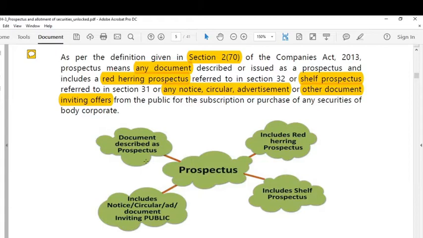And once this is registered with the registrar, within a period of 60 days the company has to publish the prospectus inviting the public to subscribe for its securities. And these are the related topics, dear students, one needs to understand.